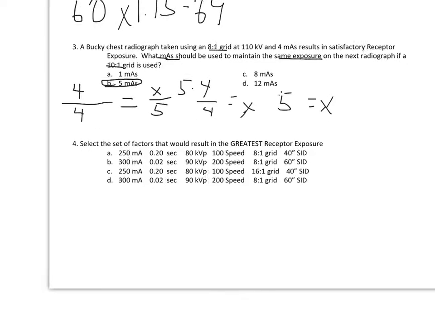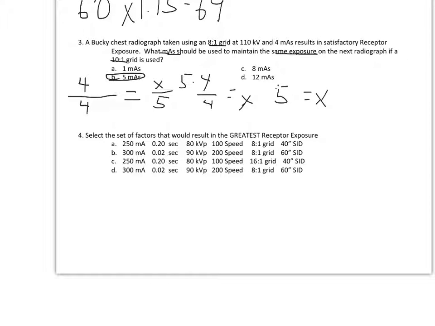Next we have a set of factors, and I want to know which of these sets of exposure factors would give the greatest receptor exposure. And so in this situation we're going to use our formula again, where we have mA and then the exposure time on top, multiply these, times the kV factor. And for this we use 1 for 80 and 2 for 90.